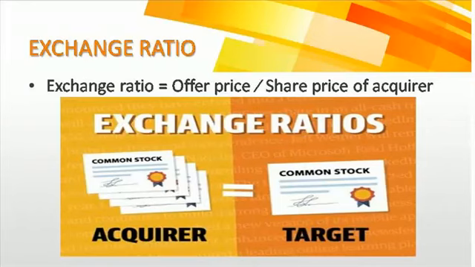Suppose company A will offer one share for every one share of the target. Now the shareholders of the target company will become the shareholders of the acquirer company, and the shares of the target company will go off. There will be no shareholders of the target company left. All the shareholders of the target company will become shareholders of the acquirer company.